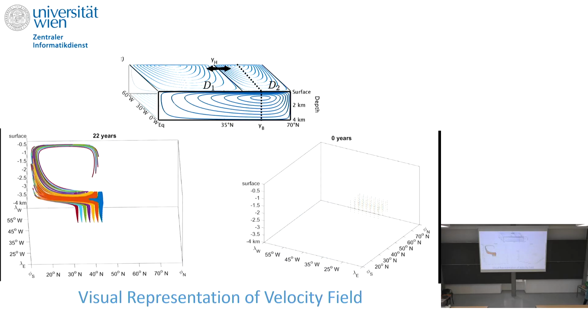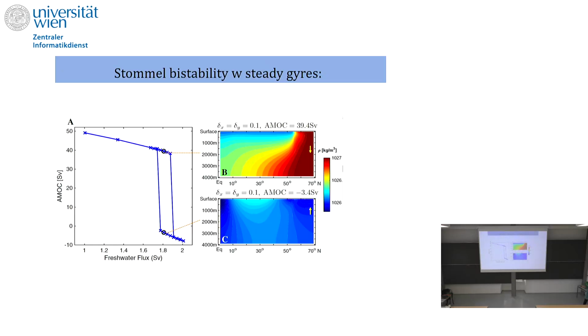This is how the trajectory looks like, but let me skip that. So this, in a sense, strengthens the connection between the Stommel model and currents in the ocean. You can create these boxes by the fluid dynamics.